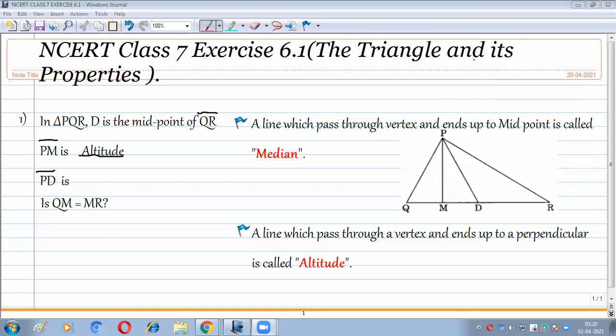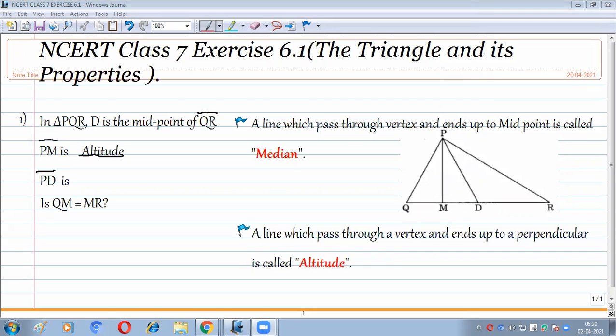So friends, here I have told the definition of median as well as altitude. You may also note it.